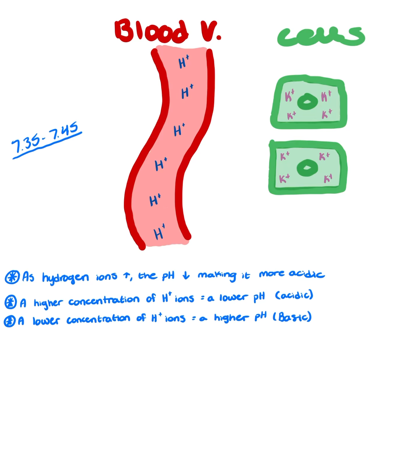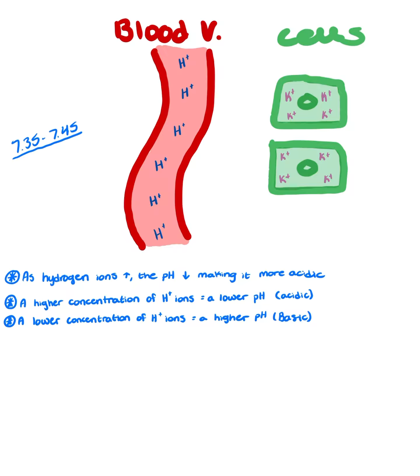Eventually, too much potassium will spill out, so it acts as a buffer system, but it also can't be a long-term solution because too much potassium will spill out as the hydrogen goes into the cell.